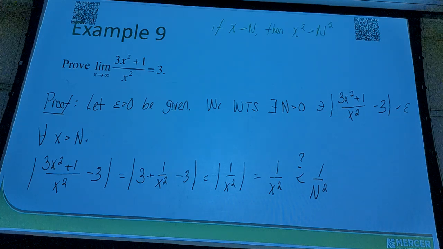If x is larger than n, then x squared is larger than n squared. Those two statements are the same. Why is that statement not true? Because you're right, it's not a true statement.